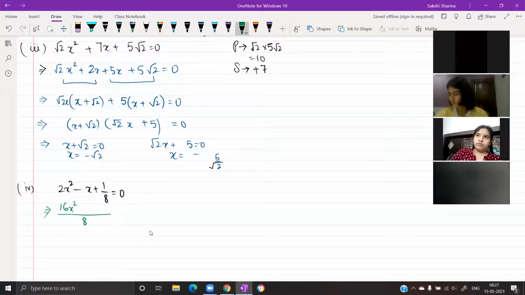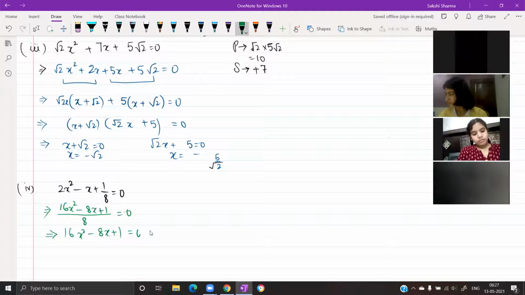You get 16x square minus 8x plus 1 equals to 0. The denominator when transposed to the right hand side becomes 0. Now you can proceed if any identity is applicable, or if you want to split the middle term.